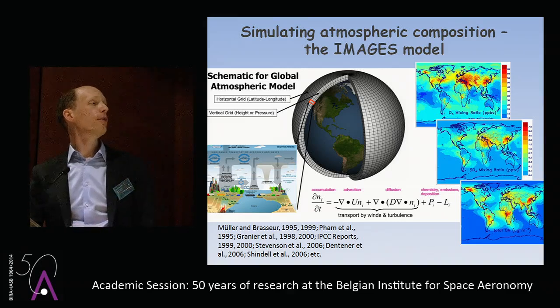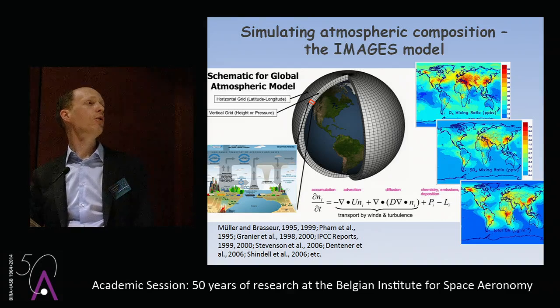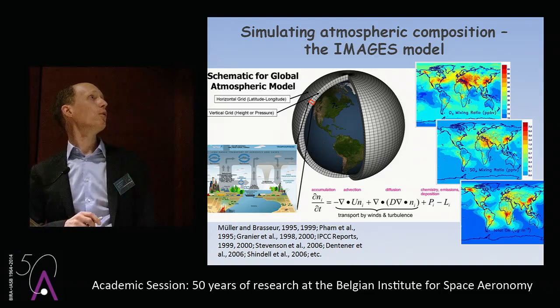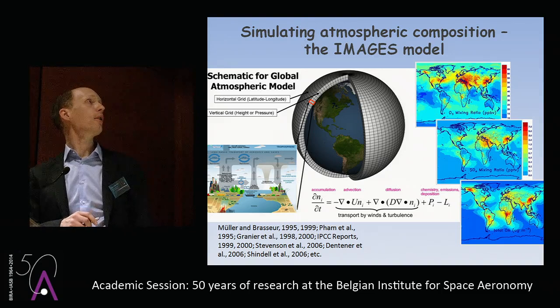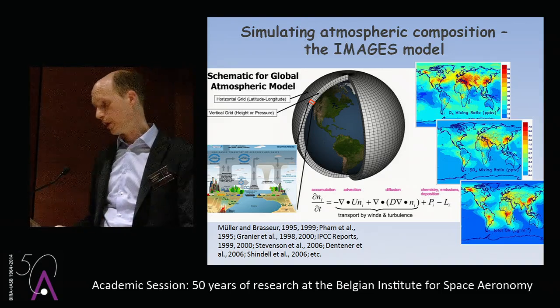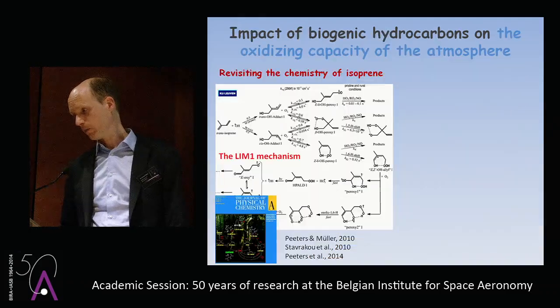So we solve this type of equation called the continuity equation on a grid. The globe is divided into boxes with different layers in the vertical and a given resolution in the horizontal.